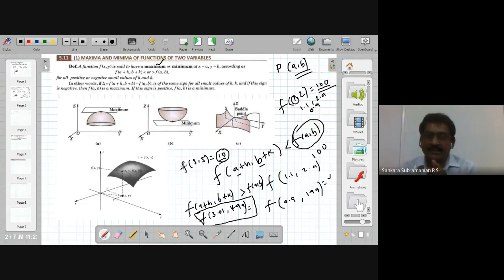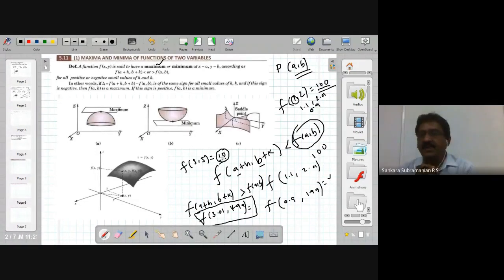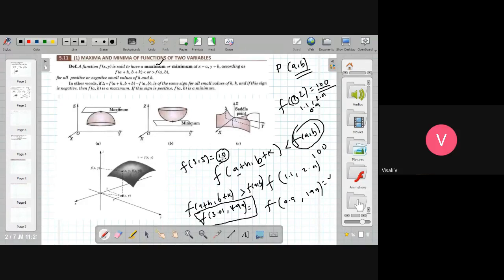If you claim that 10 is a minimum at a particular point (3, 5), then whatever inputs you give neighboring to (3, 5), like 3.01 or 4.99 or 5.01, that value must be, if you claim that 10 is the minimum, greater than 10.